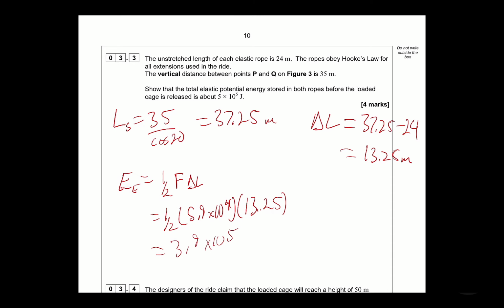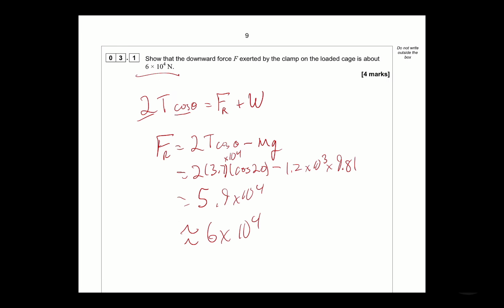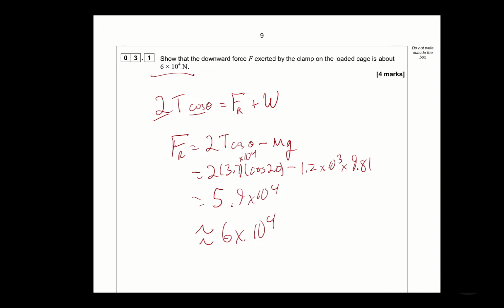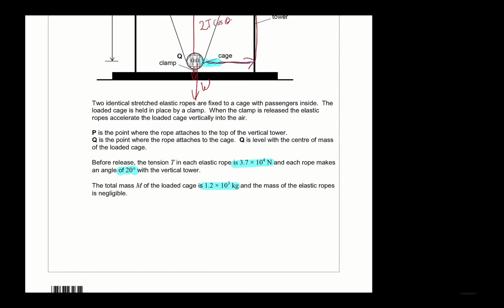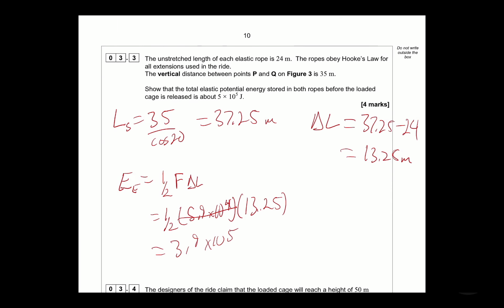Right. I made a very big mistake, and the big mistake was in my force. I used the wrong force. I used the force from the clamp, and obviously I've got to use the force that each rope has, which is the tension in the rope, which is 3.7 times 10 to the 4. That was stupid of me.